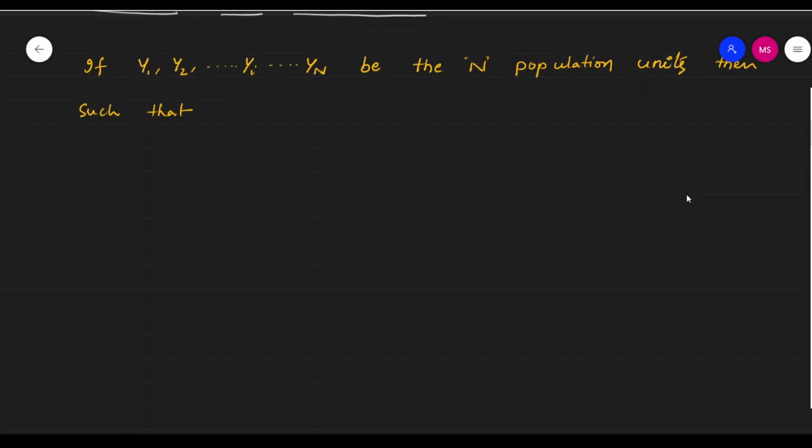So the first formula is the population mean of the data. This is one of the first important formulas, denoted by capital Y N bar. What is the mean formula? Adding all the observations divided by the total number of observations.